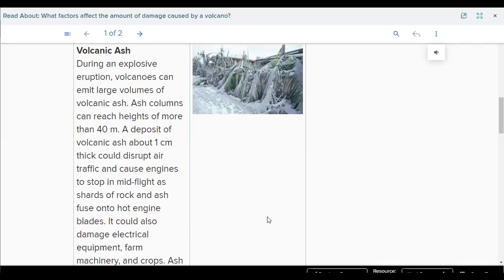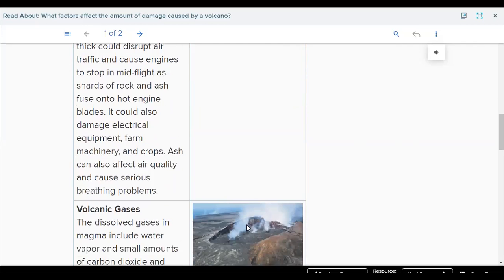could disrupt air traffic and cause engines to stop in mid-flight as shards of rock and ash fuse onto hot engine blades. It could also damage electrical equipment, farm machinery, and crops.